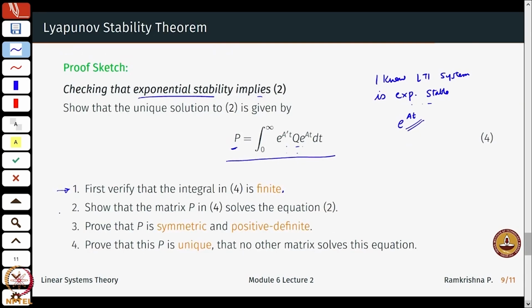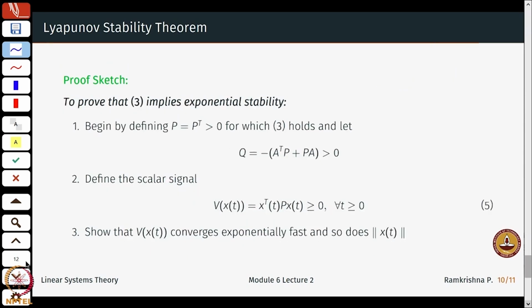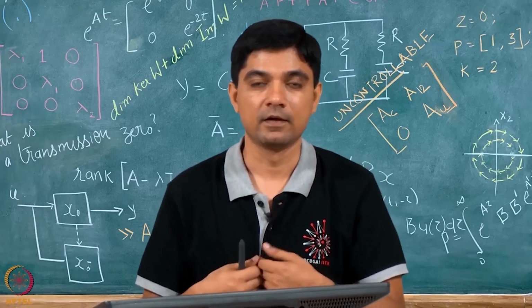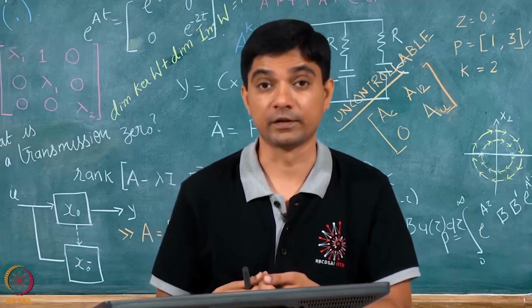Not only that, I also showed that P solves equation 2, which was essentially this equation. Third step, I proved that P is symmetric and it is also positive definite. The last one is to show that this P is actually unique, that you cannot have some other P1 or P2 or P prime which solves this equation. Okay, so how do we go about proving this?